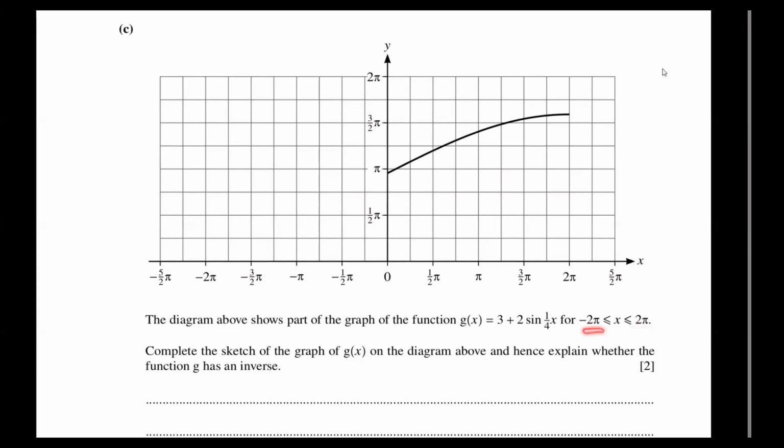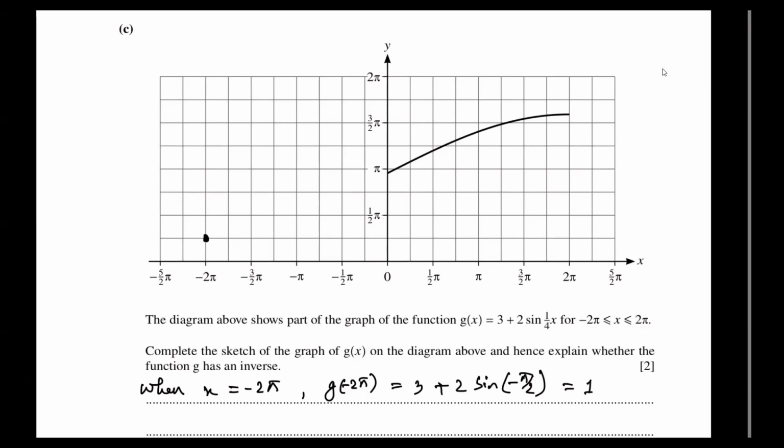If you substitute x equal to minus 2 pi here, then g(minus 2 pi) becomes 3 plus 2 sine of (minus 2 pi) by 4, that's minus pi by 2. So it is 1. So at minus 2 pi, the point is 1.